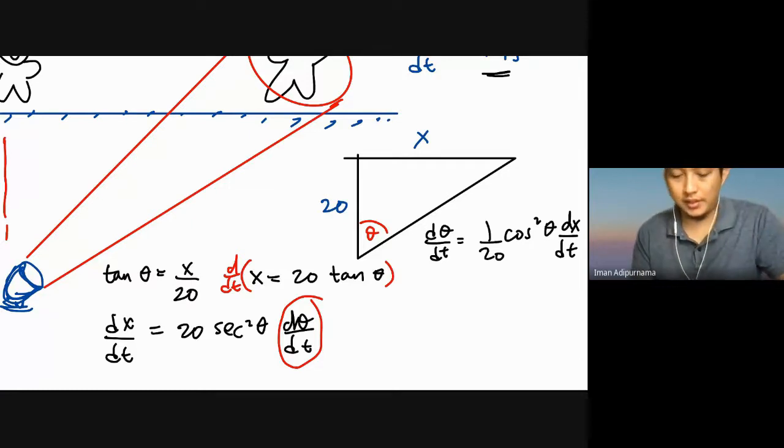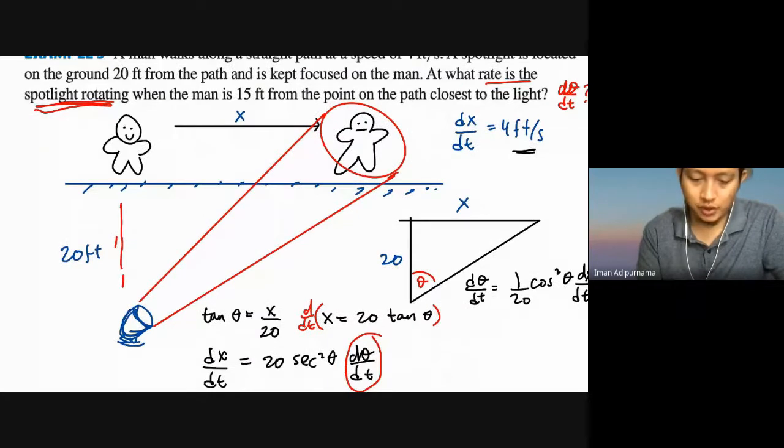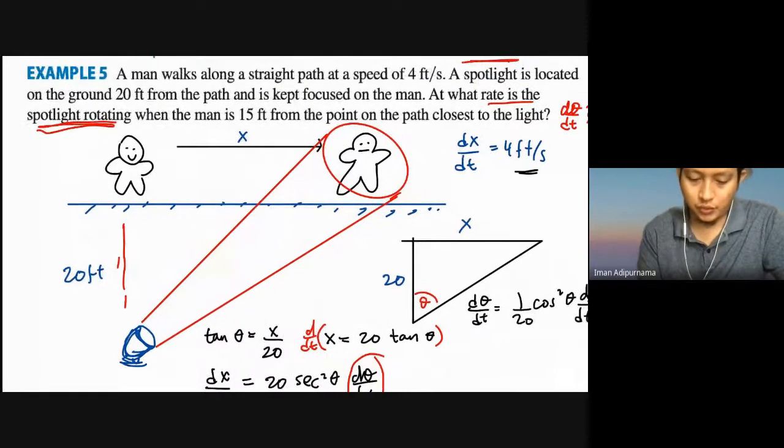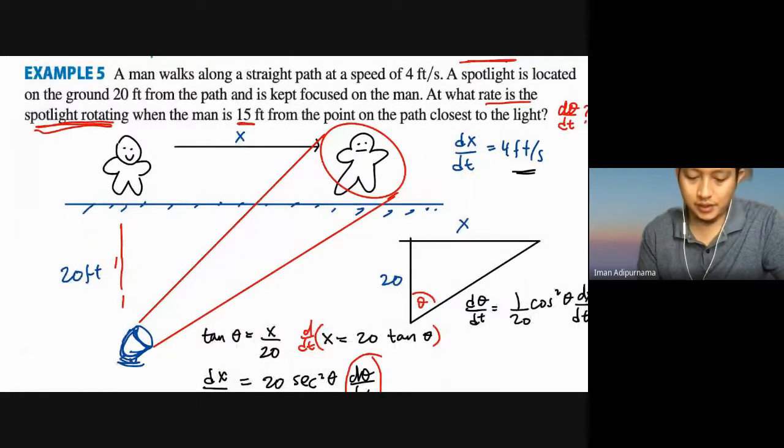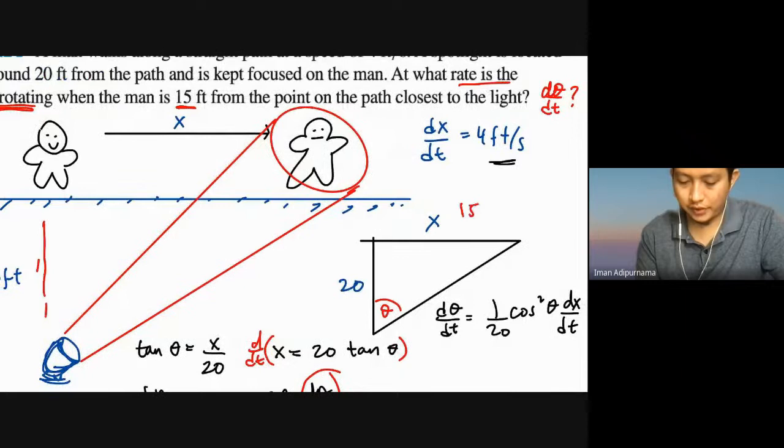So what is cos theta? From the question, we need to have 15 feet. If this is 15 and the other one is 20, then 15 squared plus 20 squared is 25 squared, so we have 25 for the hypotenuse.